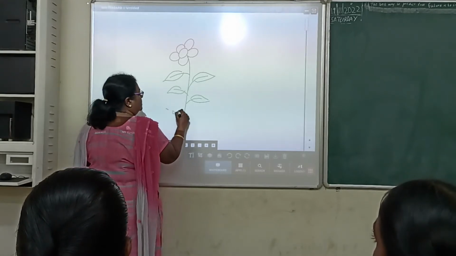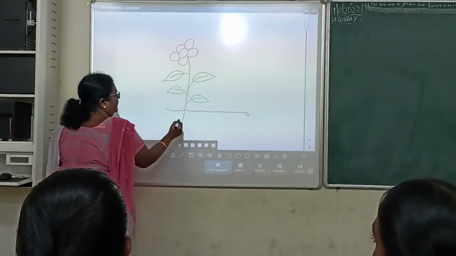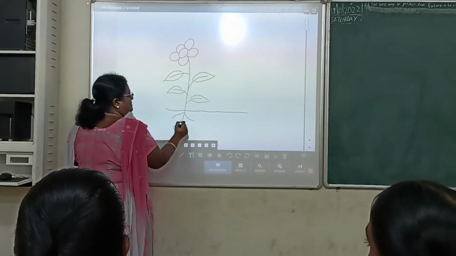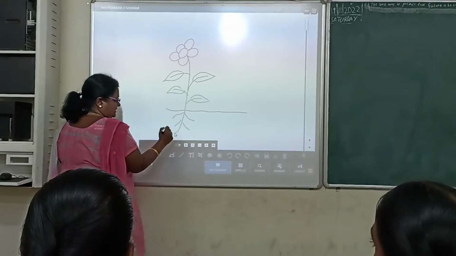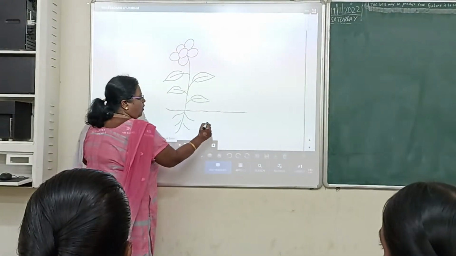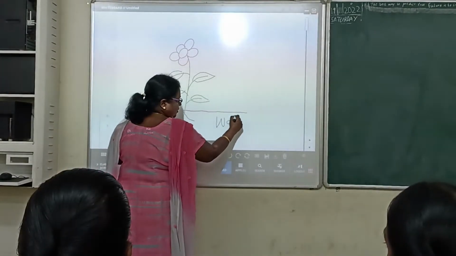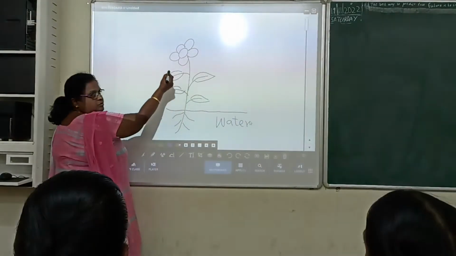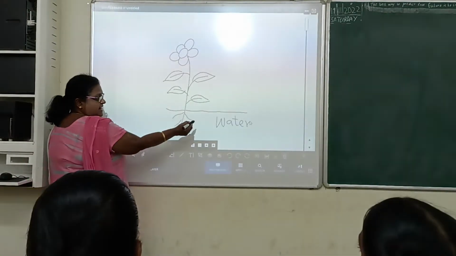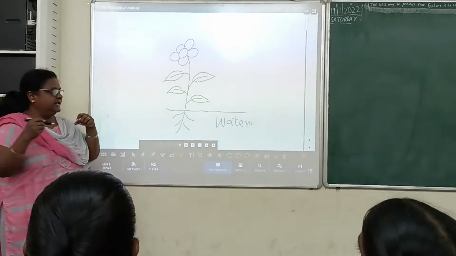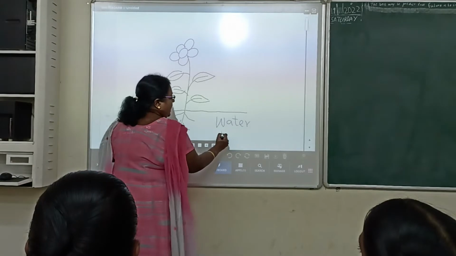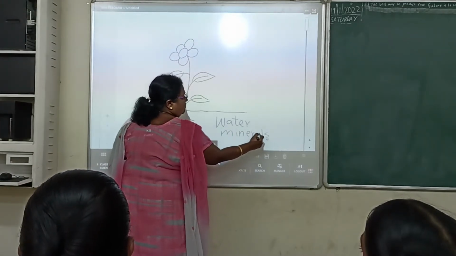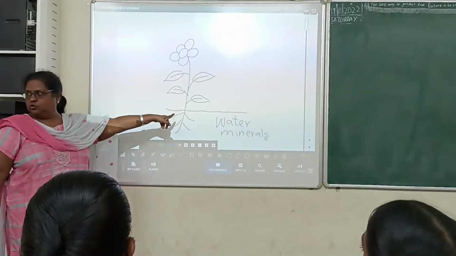Then we have the soil, and then you have the roots. Now this is the soil, and then we pour water here. This water is absorbed through the roots and goes to the plant. And when the roots are absorbing water, they also absorb minerals. So minerals and water are taken to the plant through the roots.